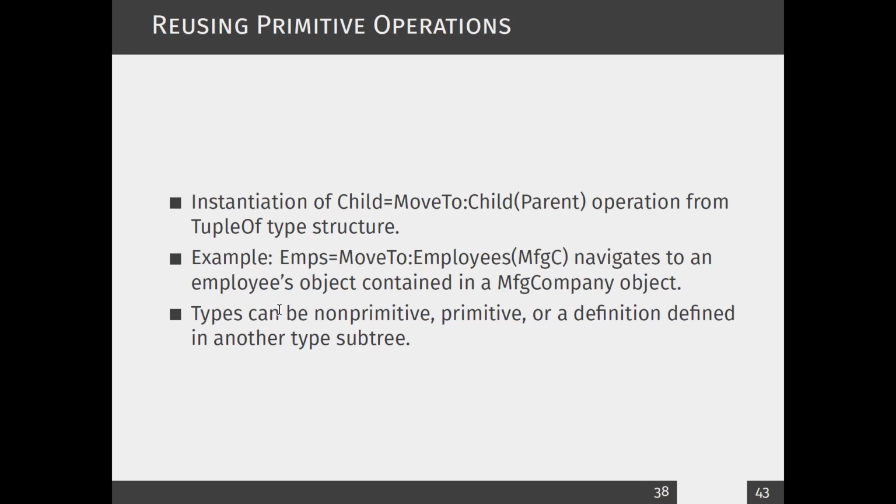Reusing primitive operations: now if you look at the move to child and parent operation from the type structure, for example, you can have a function called move to employees manufacturing company, which can be used to navigate to an employee's object containing the manufacturing company object. So the types can be non-primitive, primitive, or define another type subtree.